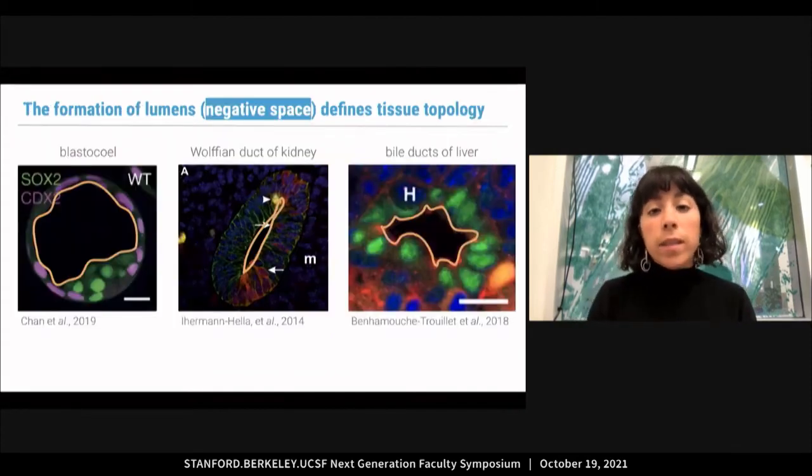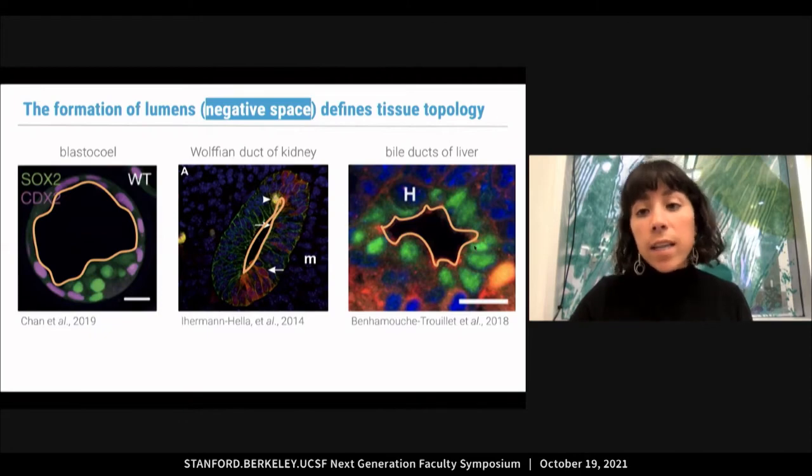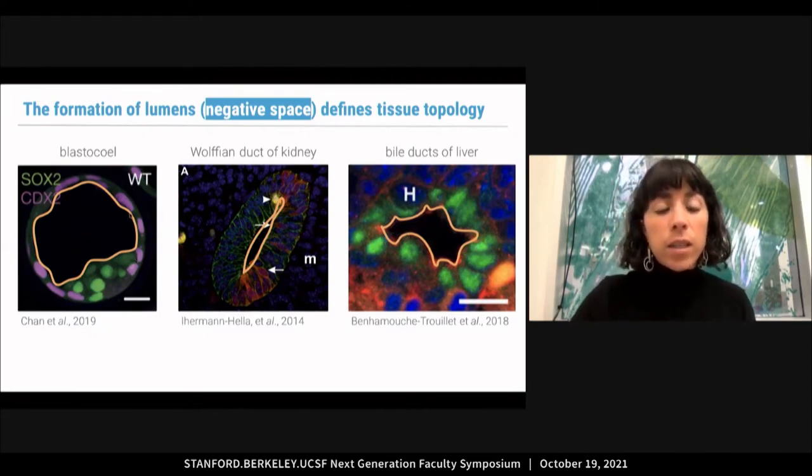And so these lumens, these hollow openings, are prevalent throughout biology. They're prevalent at the beginning of human embryogenesis, the formation of a blastocoel. They're present in our kidneys, and they're present throughout many of our organs, including our livers. And what you can see in just these 3 examples of different lumens is that they have wildly different shapes. You have a more regular shape over here, a very squished shape here, and then one that has this kind of bulging in.